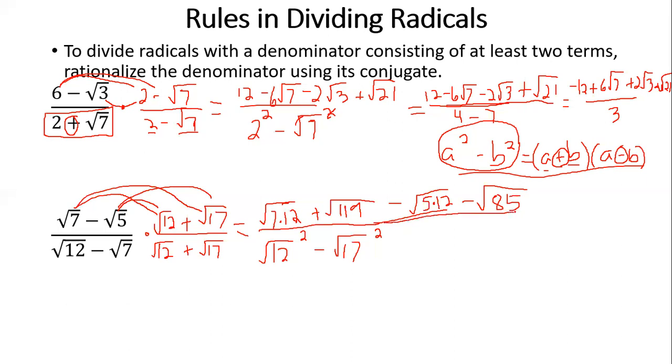Okay, extend. Ayan. Then, let's simplify. Magka-cancel po yun nandito sa baba. So 12 minus 17 na lang po ang naiwan. That's negative 5. Bakit 17? 7 lang pala yun. Sorry, my mistake. 7.